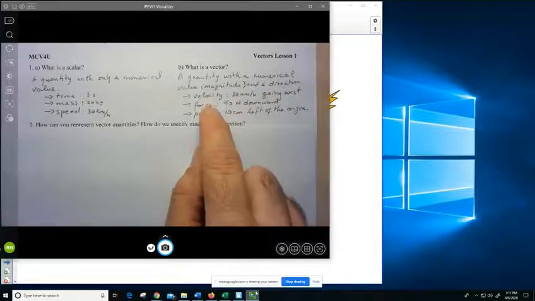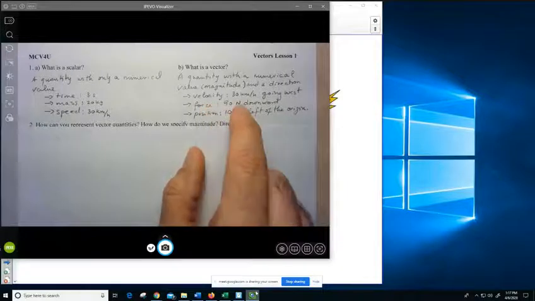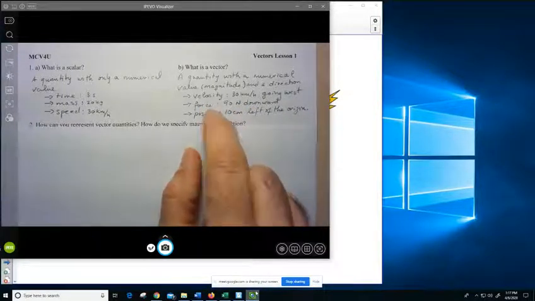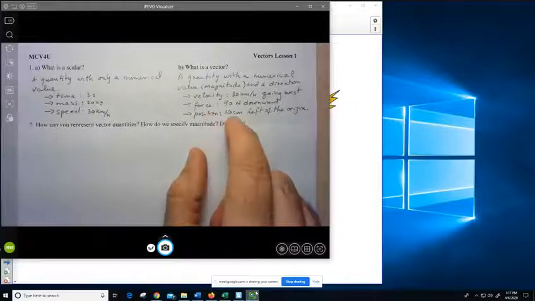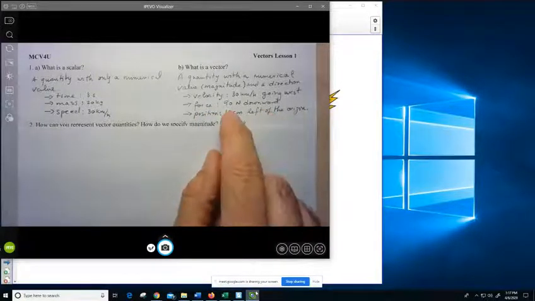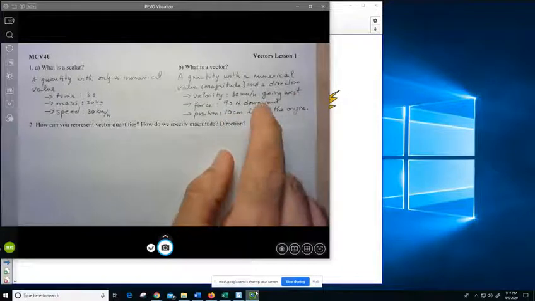So say force, if you think about something like weight, the force due to gravity, 90 newtons downwards. Or like in one dimension, you can think of that as being a vector 10 centimeters to the left of the origin. So anything that's described using both a numerical or scalar quantity, which is your magnitude, and a direction, which can be given in many ways.